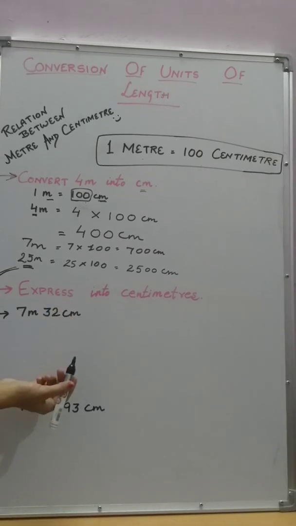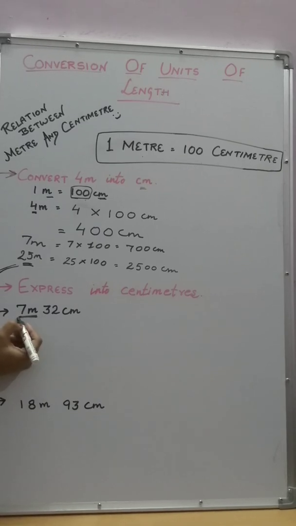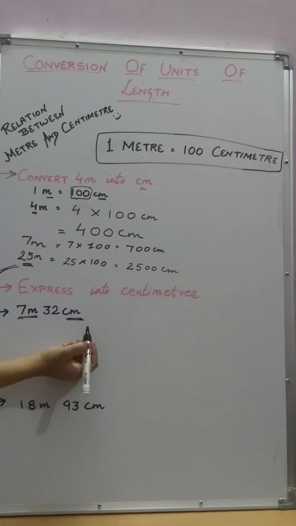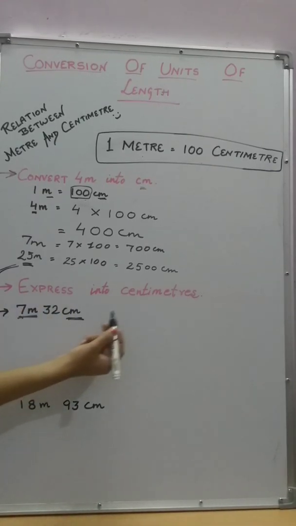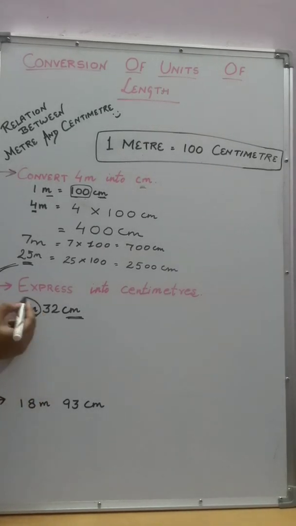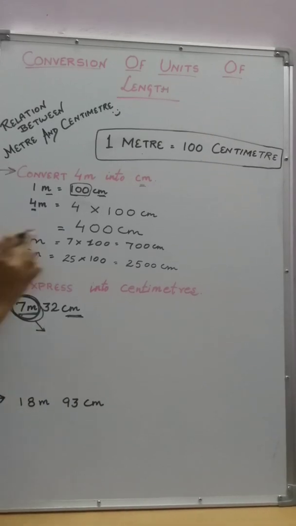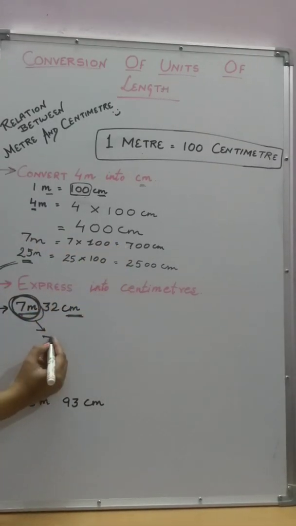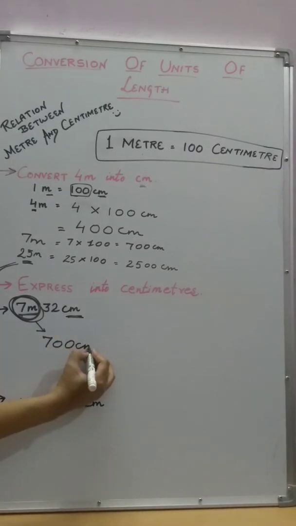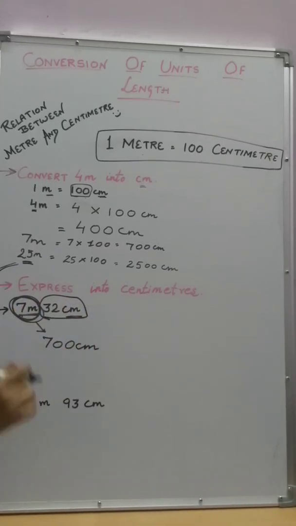Let's solve other examples. Here in this question we have both meter and some centimeter already given. So we have to express it into centimeters. So what to do? First we have to convert this meter. 7 meter is 700 centimeter. 7 multiply 100, 700 centimeter. This 32 centimeter is already given.